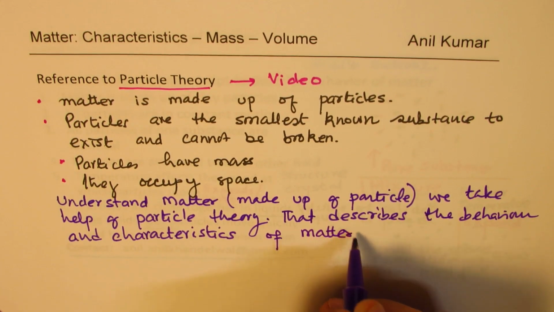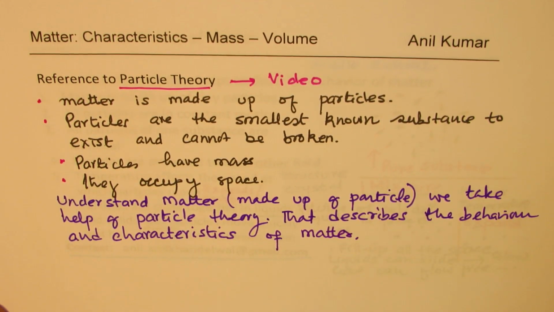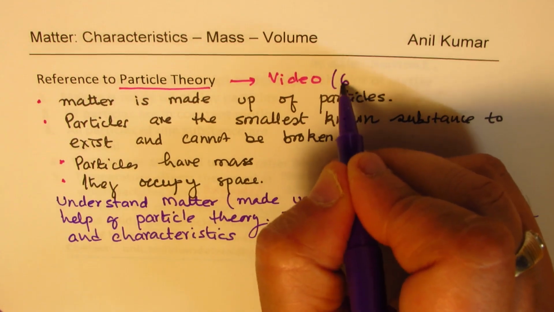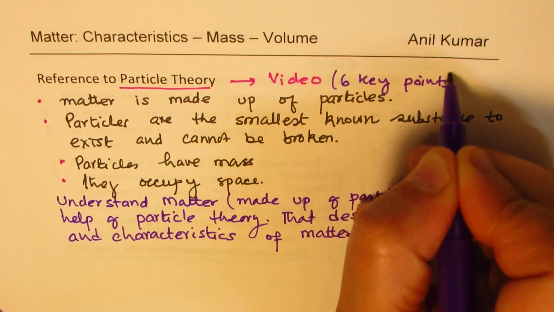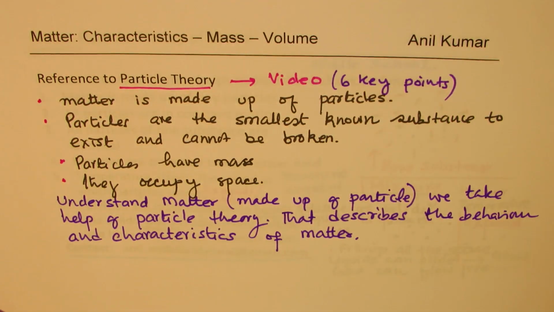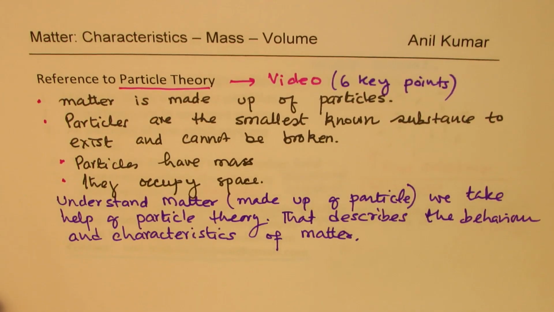Correct? Now in details, how and what is particle theory? Those 6 points we'll cover in particle theory. So there are 6 key points which we'll discuss in the video. So link is being provided. You can look into that link and then it'll be absolutely clear to you. Perfect.